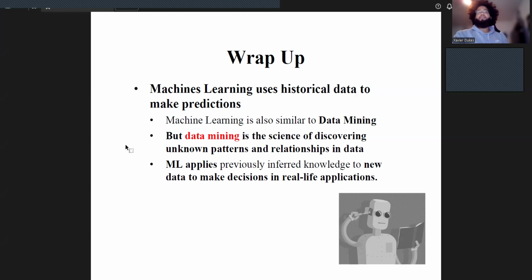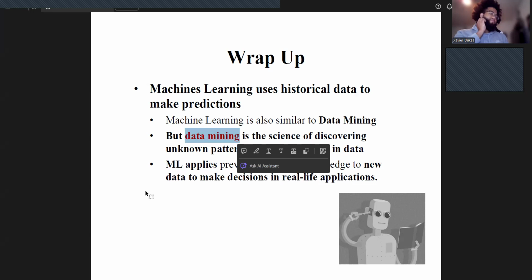But usually in the process of applying machine learning, we do data mining, because how do we unlock this previously inferred knowledge? Through data mining.